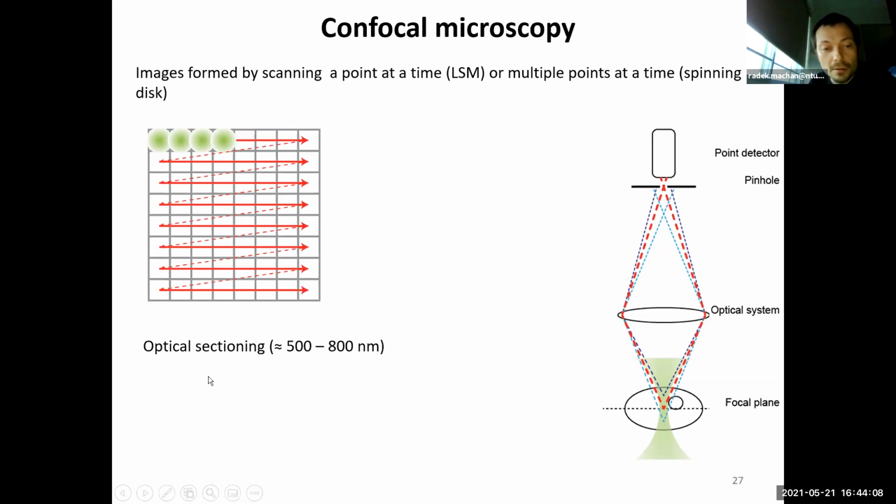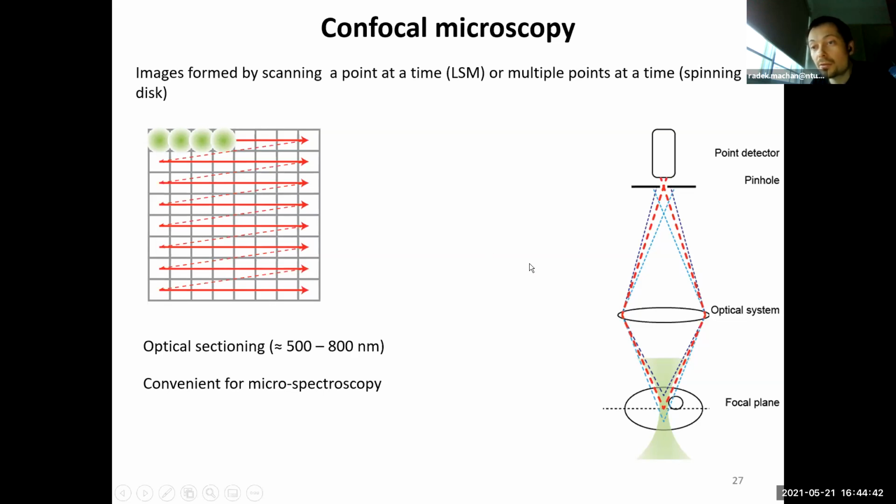One of the reasons why confocal microscopy is done is the optical sectioning, which means I collect light only from a section which is 500, 800 nanometers thick in the sample. And another interesting thing about confocal microscopy is that it is convenient for all sorts of microspectroscopies, because I'm collecting the light from a single point, meaning a single pixel at a time.